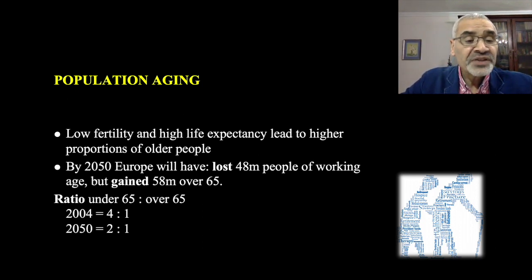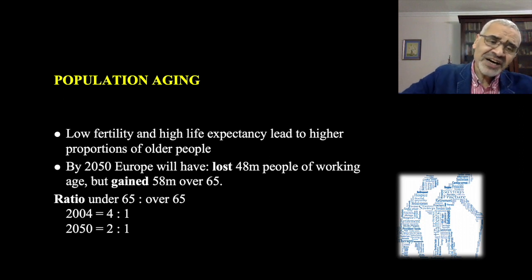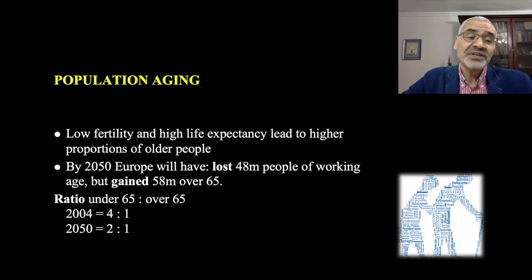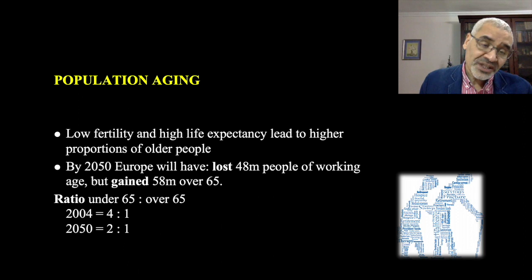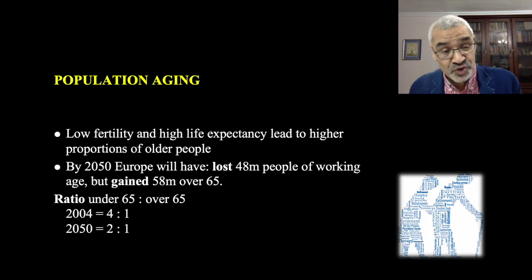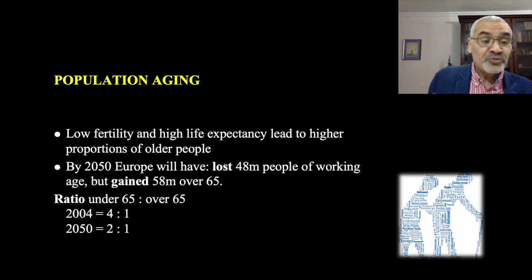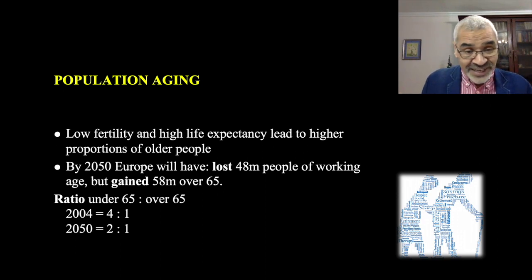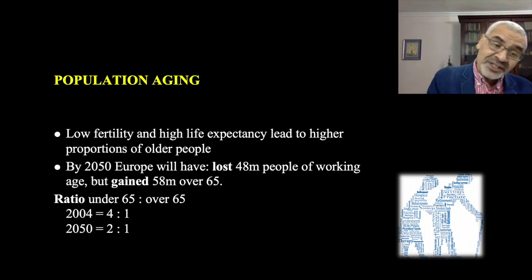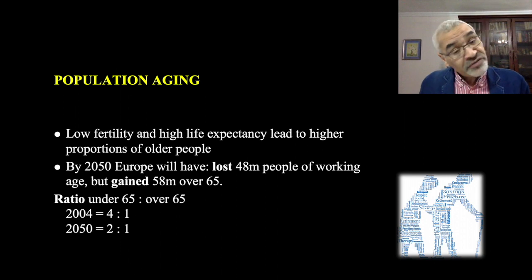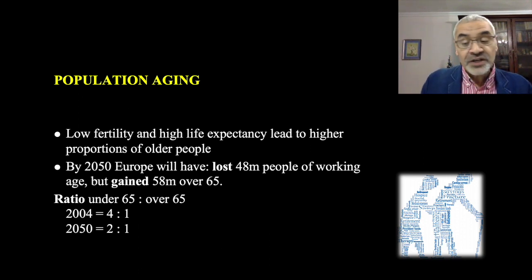The ratio between under 65 and over 65 in 2004 was 4 under 65 versus 1 over 65, which means 20% elderly. By 2050, without heavy migration or high migration, the population of Europe will be 2 under 65 and 1 over 65, which means that the elderly population will be 1/3 of the population.